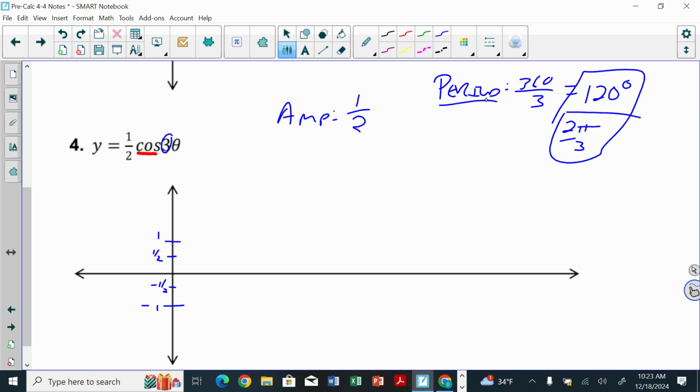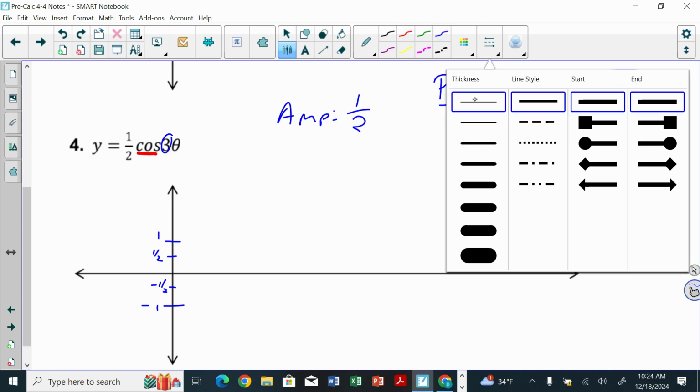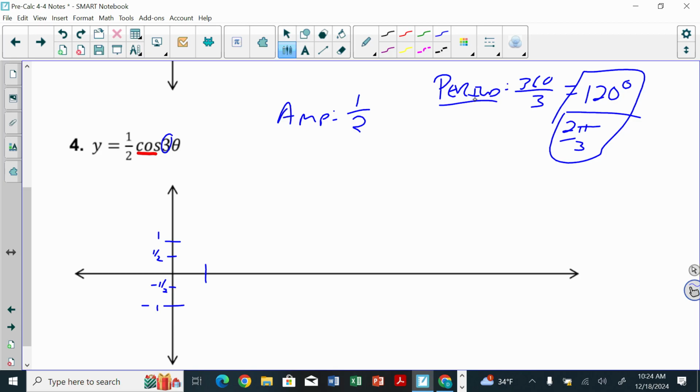Okay. So now what you're going to have is a little bit smaller. It's not going to be as steep, but it's going to start up here. I should label again. I'm just going to make that half pi, pi, and then 2 pi. So 2/3 pi is going to be right in here.